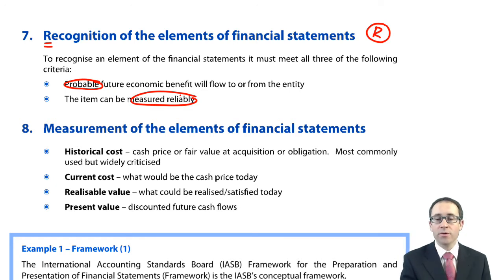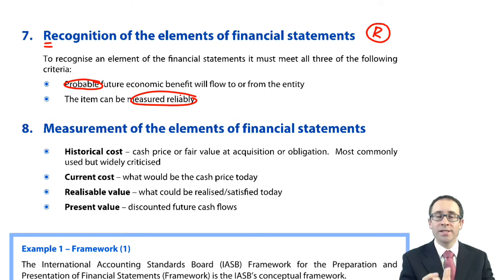In terms of probable future economic benefit, we're saying that it will be more likely than not that there will be an inflow, or more likely than not that there will be an outflow. So when we come to F2, we start to look at provisions, which start to look at a liability, whether or not we can recognize that liability within the financial statements. From an F1 perspective, when we look at intangibles, you can only recognize an intangible provided that you can measure it reliably.